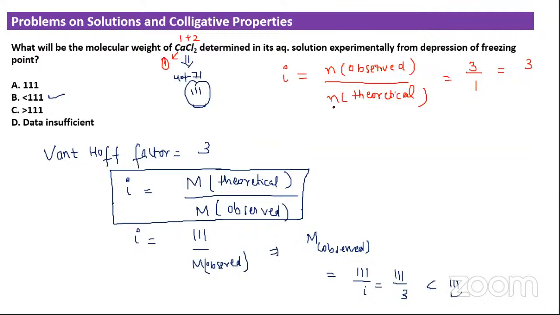And you know that number of moles is mass upon molecular mass. तो ये अगर आप यहाँ पर पुट कर देते हैं तो you get the inverted, that is molecular mass of theoretical divided by molecular mass of observed. तो यहाँ से ये फॉर्मूला आया है, रिलेशन बिटवीन van 't Hoff factor and molecular mass of solute.